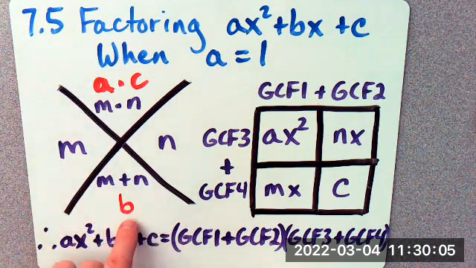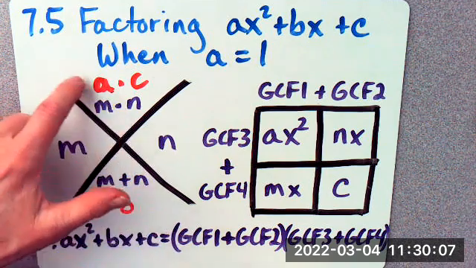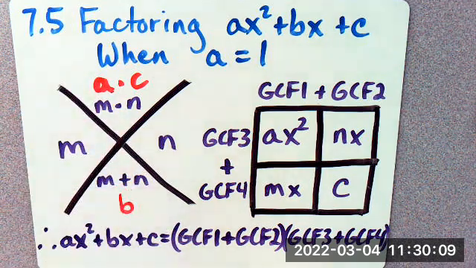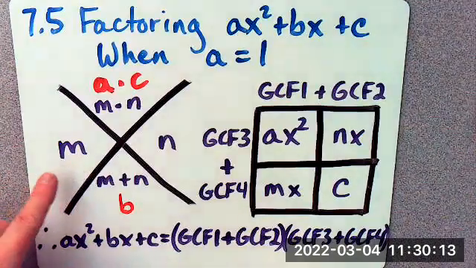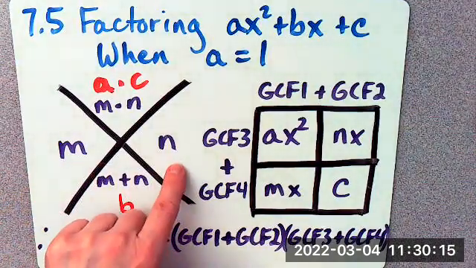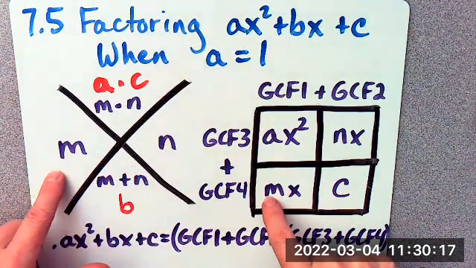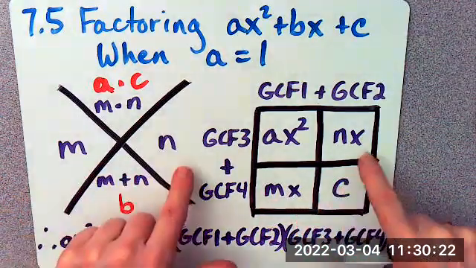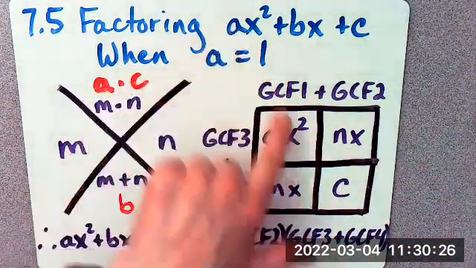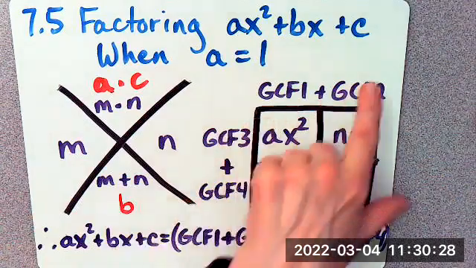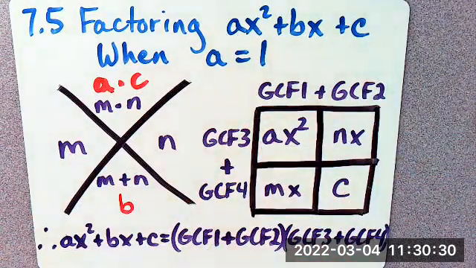The sum will equal b, but the product will equal a times c. If we use the letters m and n, that would go right here. These letters will then be the areas of this box. So mx times nx, and then the first term, ax squared, goes here, and the last term goes here.